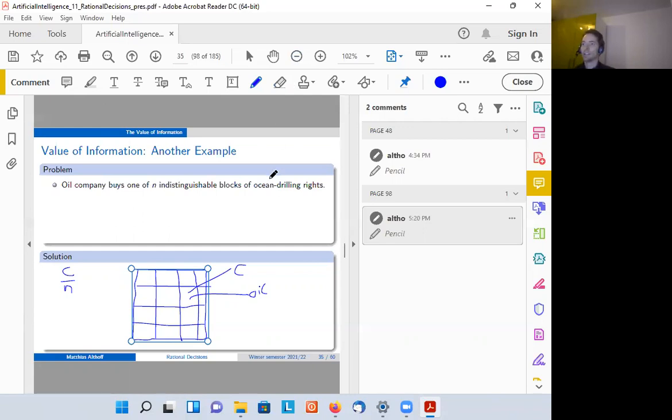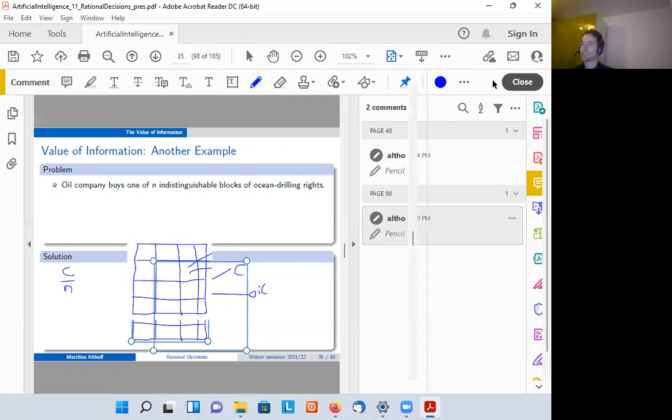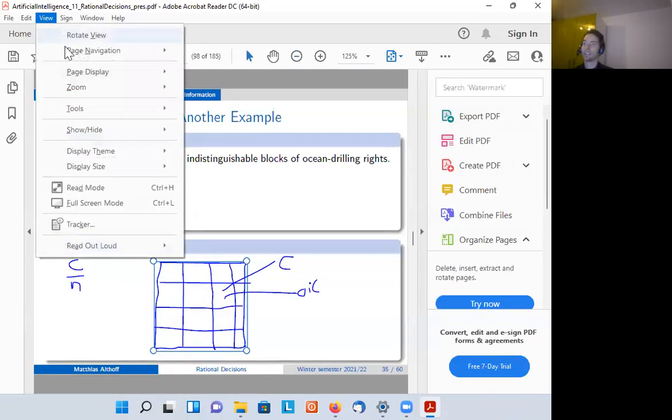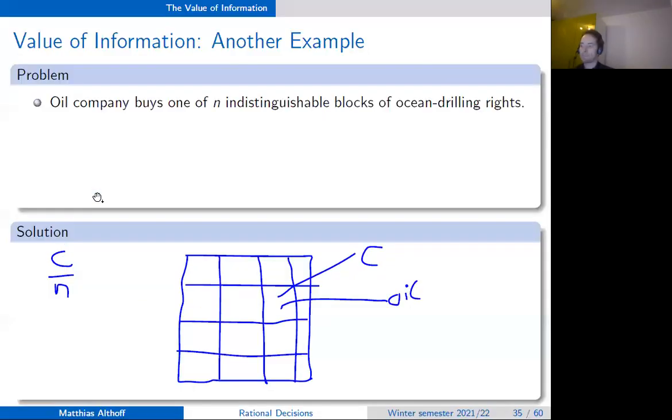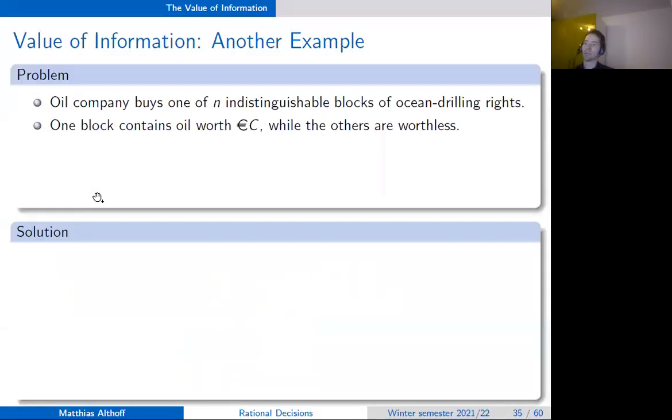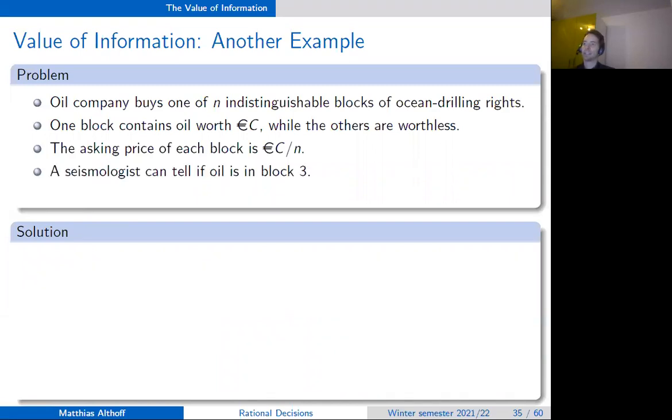Okay. So let's continue with the full screen. So that's what I said. One block contains oil worth C euros, and the asking price for each block is C divided by N. And a seismologist can tell if oil is in block 3, and how much should the company pay for this service.